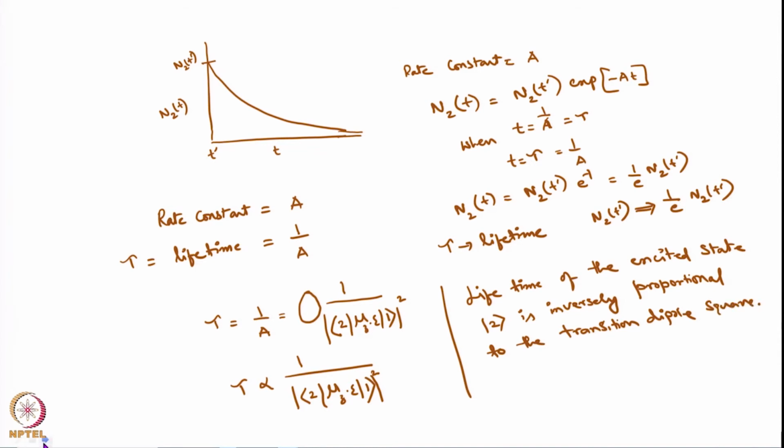Okay. So what does it really mean? It means that if you measure the lifetime tau, that is inversely proportional to |<2|mu_z|1>| square. That means if this number is large, tau will be small. So lifetime is inversely proportional to the transition dipole moment.